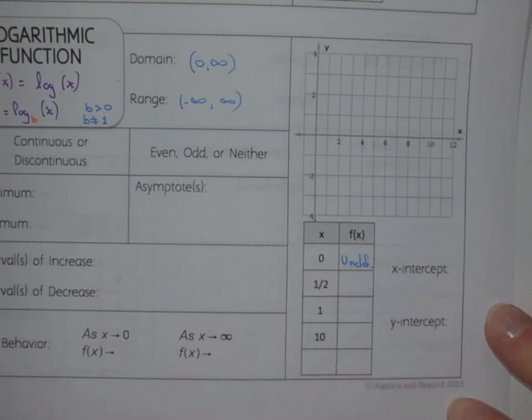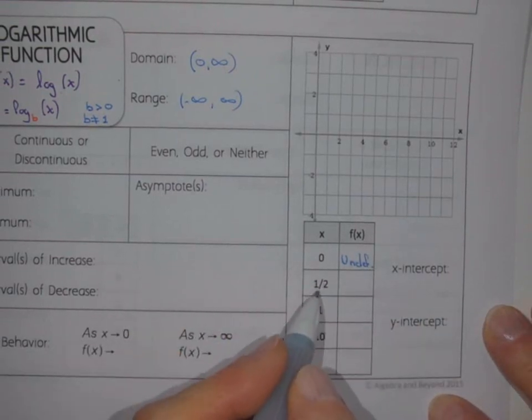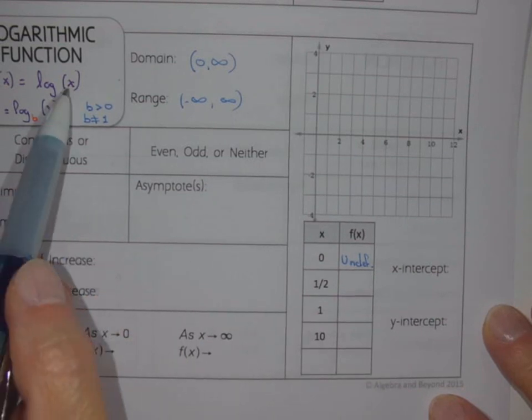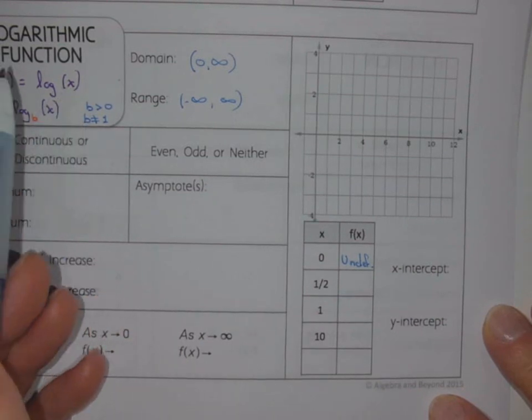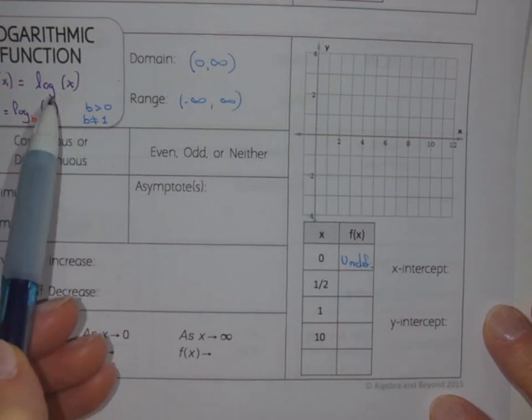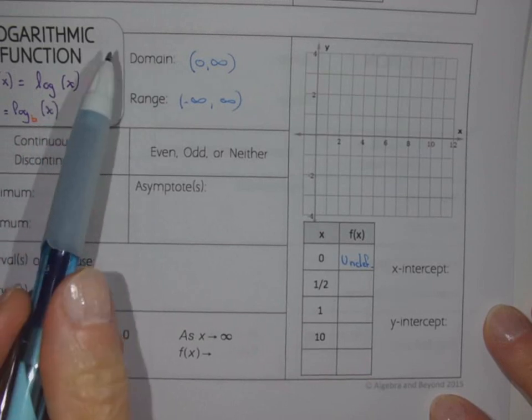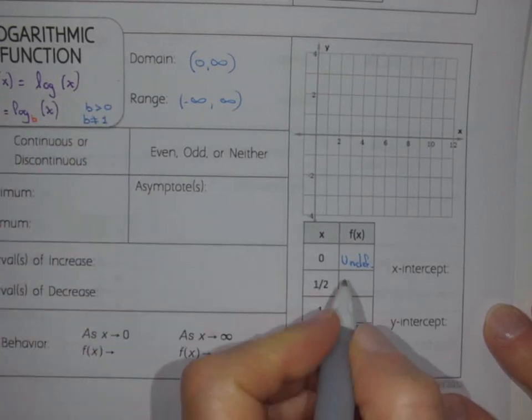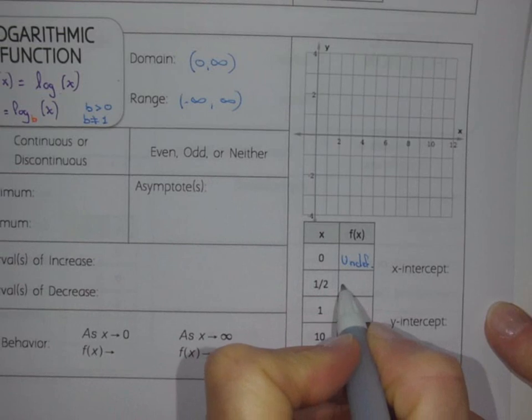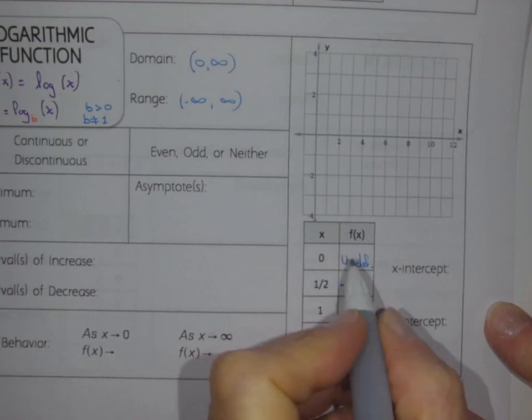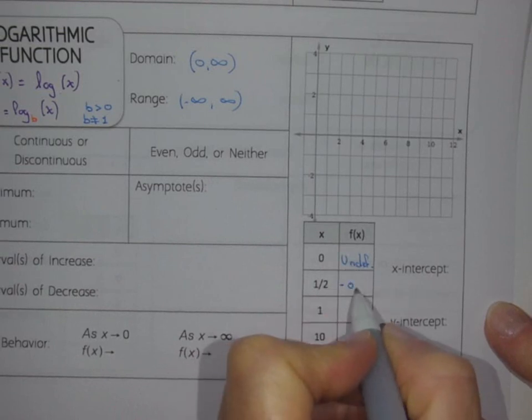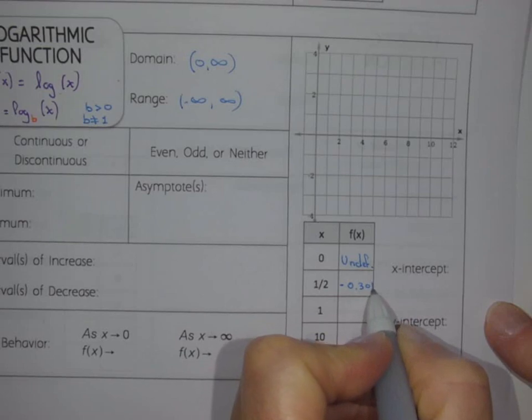If I plug in a 1/2 for x, using base 10, 10 to what power would give me a 1/2? That's going to be a decimal number, in fact negative 0.301, and it keeps going. This is an irrational value.